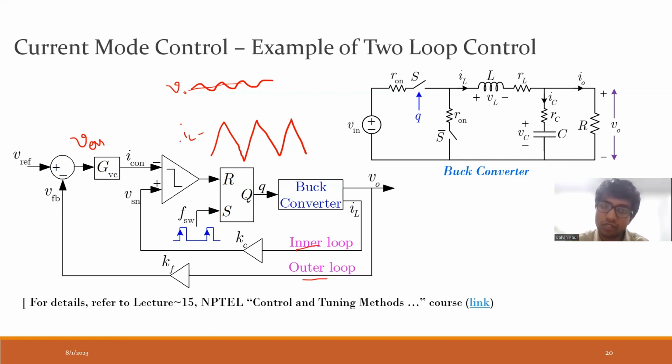Physically, in the actual practical circuit, they are just voltages. That's why this inductor current gets converted into an equivalent sensed voltage with some particular ratio. All these things we will learn in the later weeks. All right.